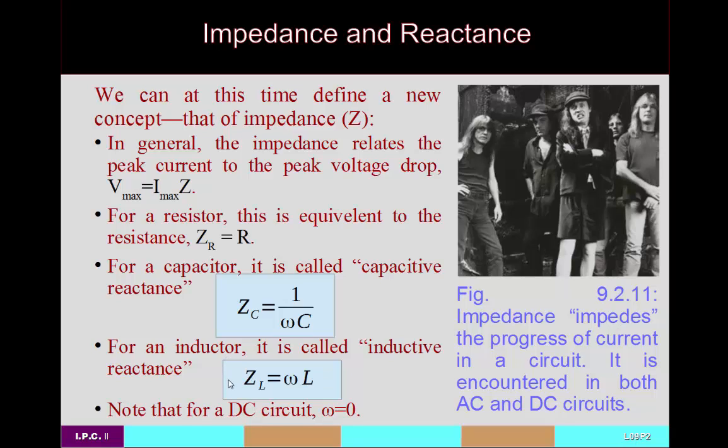So an inductor pretty much does not allow any current if you have an infinitely fast AC source. But it allows current very easily if you have no AC source, if it's just a DC source. And a capacitor reacts in exactly the opposite way. It allows no current if you have a DC source, but it allows current virtually unimpeded if you have a very, very high frequency source.